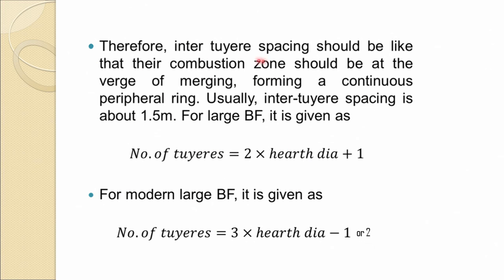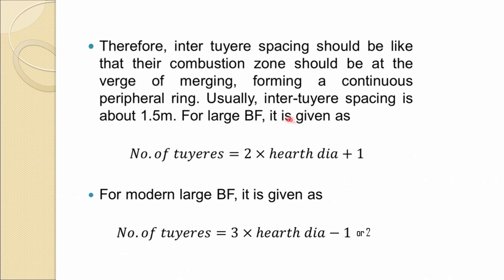Therefore, the intertuyere spacing should be such that the combustion zones are at the verge of merging, forming a continuous peripheral ring. Usually, intertuyere spacing is about 1.5 meters.